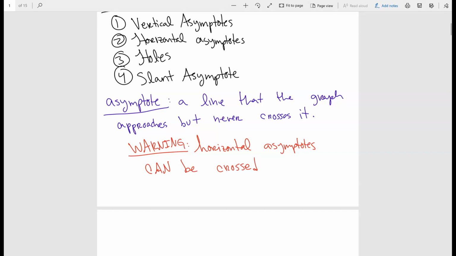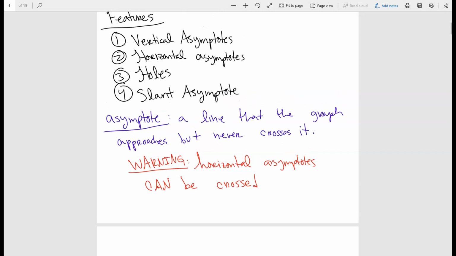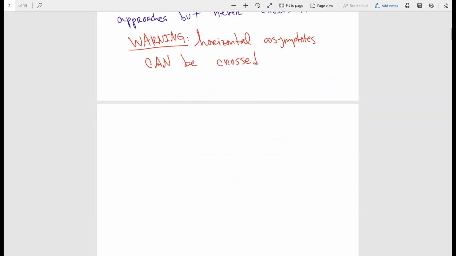Now let's start with what a vertical asymptote is. I'm going to call vertical asymptotes VA. When do you have a vertical asymptote? If you remember the tangent and cotangent curves, and also the cosecant and secant curves, those have vertical asymptotes wherever the denominator was undefined.